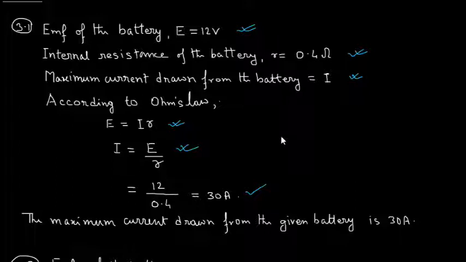Therefore, I is equal to E by R. Putting the value of E and internal resistance r as 12 and 0.4 respectively, after calculation we get 30 ampere. The maximum current drawn from the given battery is 30 ampere.